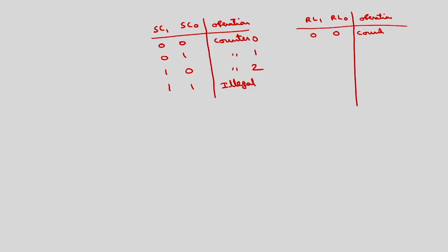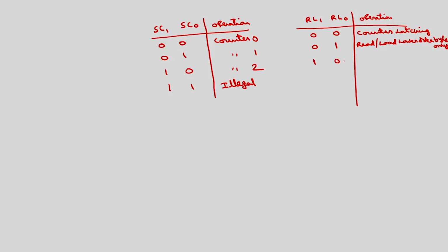I will discuss what this counter latching operation is while discussing the modes. 0 1 means it will read or load the lower order byte only, that is, for 8-bit operation, the lower order 8 bits only.